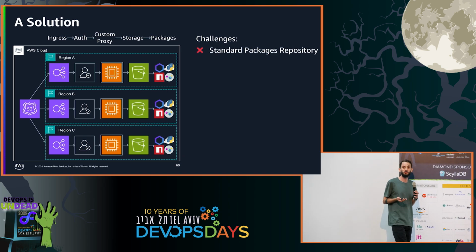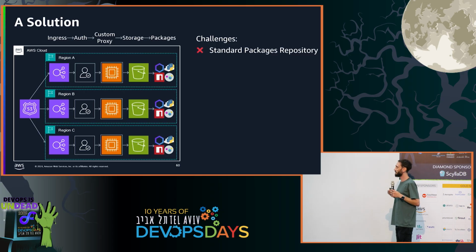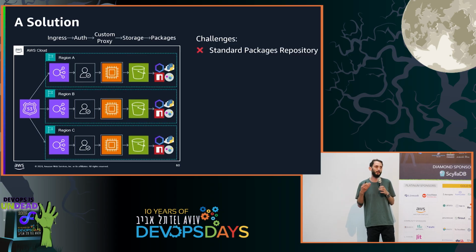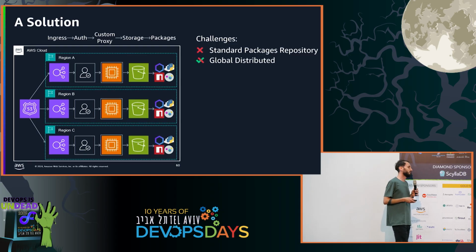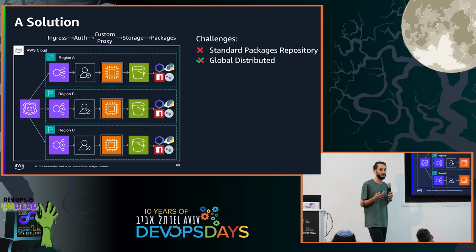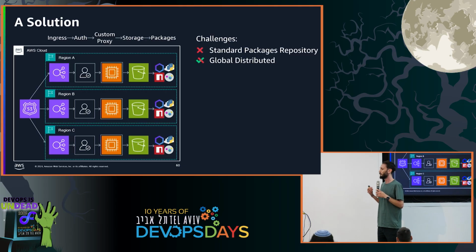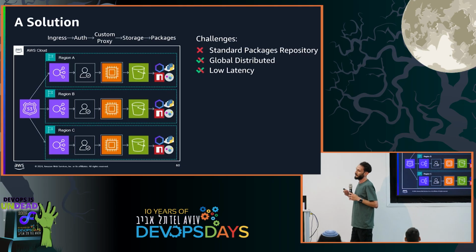So first, it's not a standard package repository. As I mentioned, it's a custom proxy that AppsFlyer needs to build, and it is very difficult and challenging to maintain these protocols. Second, it's semi-globally distributed, because it really depends on how many regions the clusters will be provisioned in.